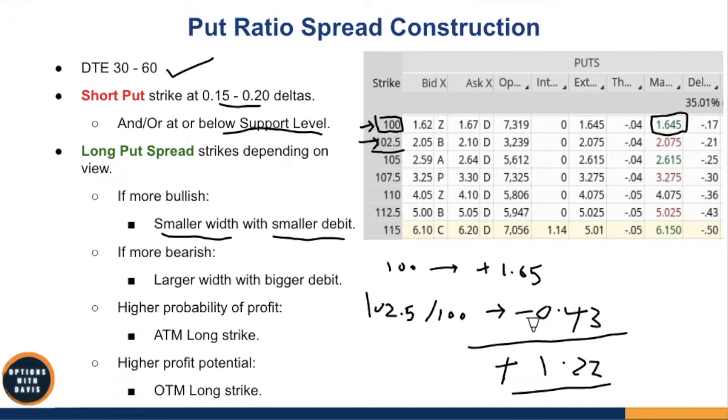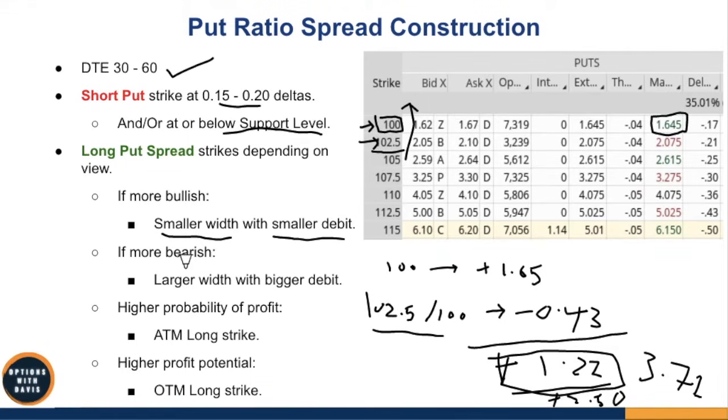The reason why you want to buy this 102.5 100 put spread for this put ratio spread is that if the market was to go below $100 at expiration, our profit will be an additional $2.50 because of the difference between these two strike prices. This gives us a total of $3.72 if the market closes below $100 at expiration. So if you're more bullish, you want to collect more credit upfront.